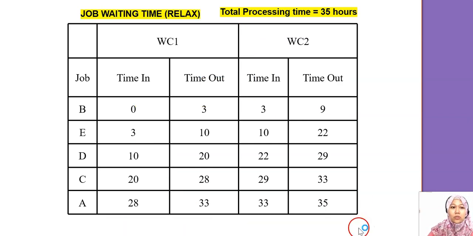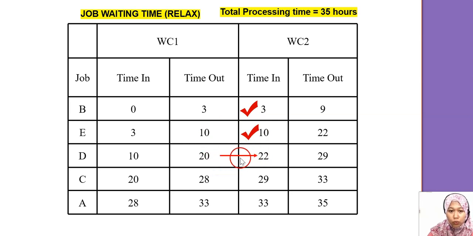Okay, now let's look at the job waiting time. Job waiting time is to know whether job B, job E, job D, job C, or job A have queuing time or they are waiting to go into the machine. So how to check? We check at the time out for machine 1 and time in for machine 2. If there is any difference: the first one, no. The second one, no. Yes, there's a difference in time here.